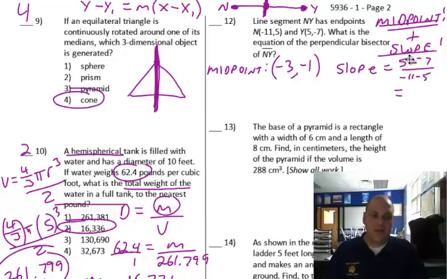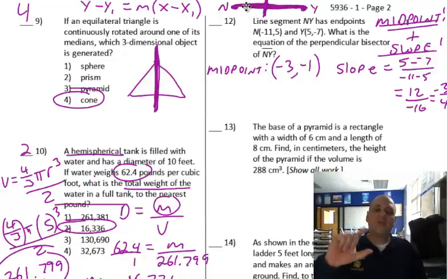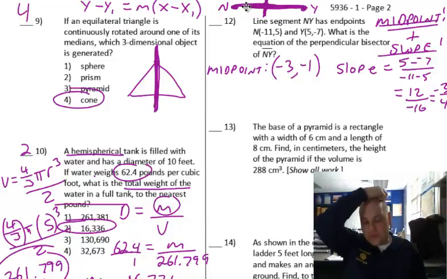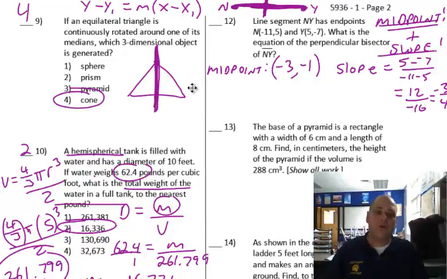So that's going to be 12 over -16, which is -3 over 4. Okay, so if the slope of my segment is -3 over 4, the slope of my perpendicular bisector has to be the reciprocal and the negative of that. So the slope that I need is going to be 4/3.